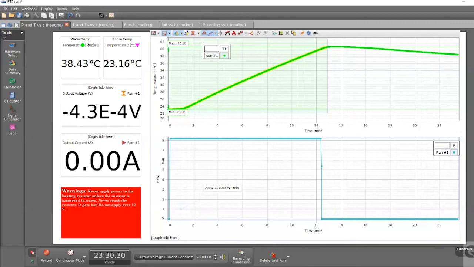You can use Q equals mc delta T to work out the amount of energy absorbed by the aluminium and the water. So you can compare how much energy you added electrically with how much energy was absorbed by the water and the aluminium, and then see whether the amount of energy lost because of cooling while you were heating it accounts for the difference.